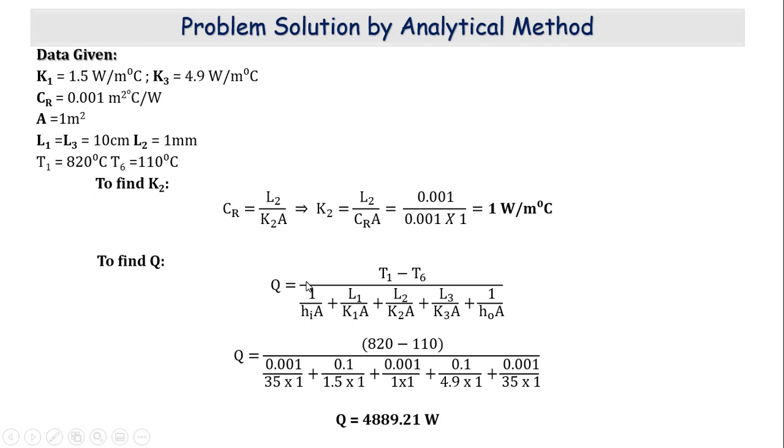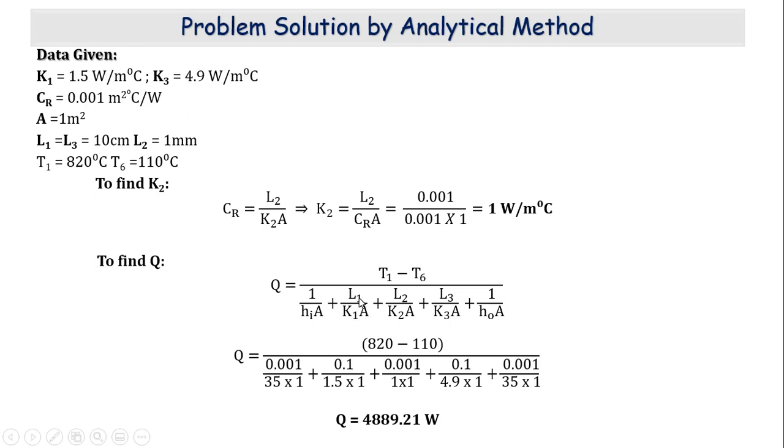Now we shall use this particular formula from heat transfer to get the value of the heat generated inside the furnace wall. The temperature inside the furnace is T1 and the temperature outside the furnace wall is T6. This is the temperature difference, the higher temperature and the lower temperature. The first mode of heat transfer is through convection, next via conduction in the magnesia brick.